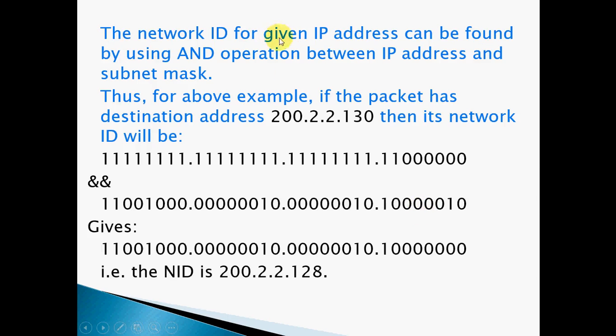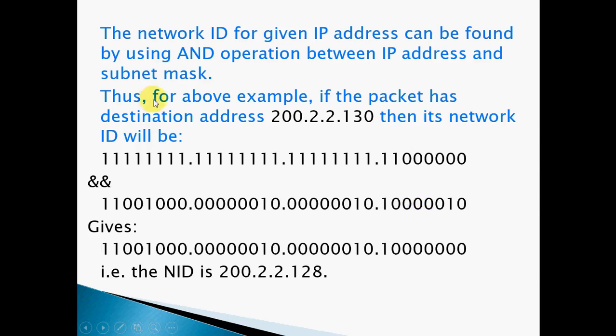The network ID for a given IP address can be found by using an AND operation between the IP address and the subnet mask. So if a message with a particular IP address is to be sent to some destination, then we can use the subnet mask to identify to which network it should be destined.